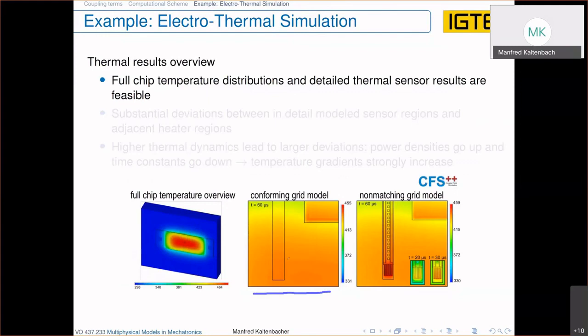However, on the other hand, if we look on this picture here, we see that with non-matching, or non-conforming, also named grid, we see here a fully resolved temperature distribution within the temperature sensor, which clearly just can't be done otherwise, since we resolved here with small sized finite elements all the geometric details. What you perhaps also can see here, there is a smooth transition from these small finite elements to the large finite elements, and you do not see here any disturbances.